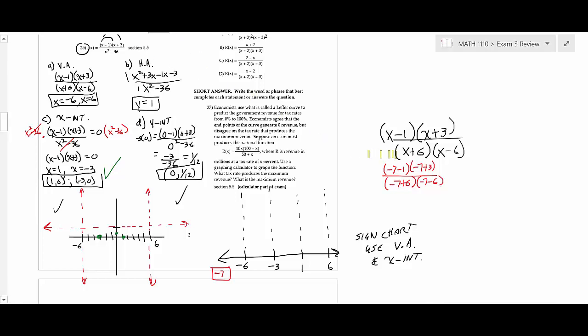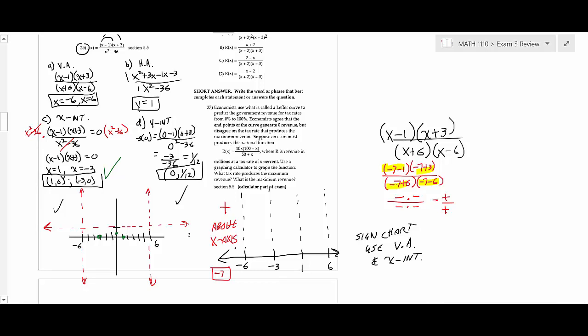Look at these four parts: a negative times a negative is negative, over a negative times a negative. That's a positive over a positive, so it's positive. What that means is your graph is above the x-axis. That's how you have to reason that out.